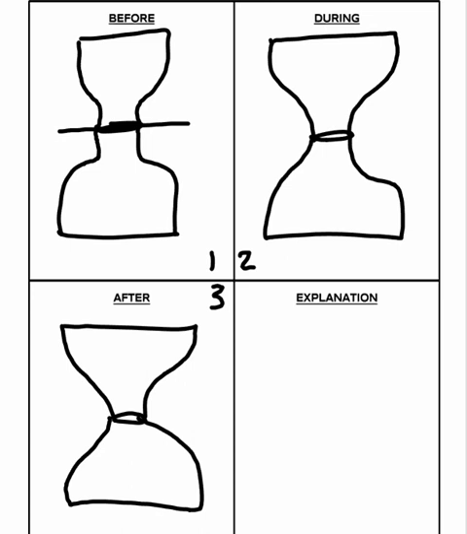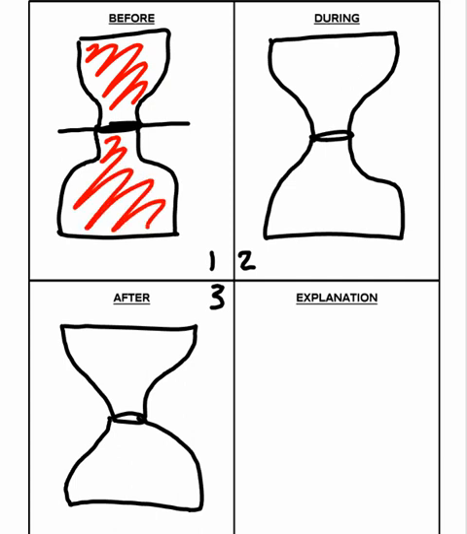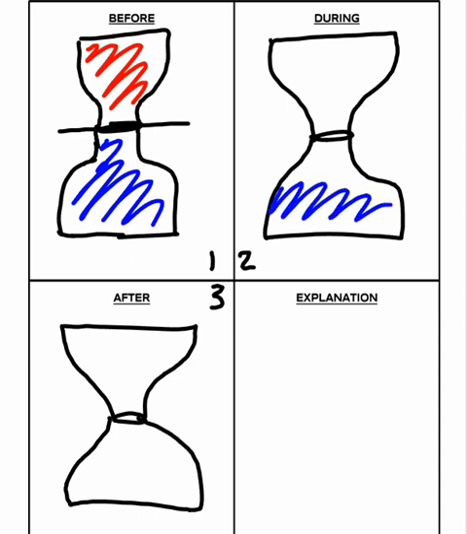So before, we started with red on top, we had blue on bottom. Let me fix my line. There we go. And then when I pulled the card out, we still ended up having blue on bottom, red on top, but there was a movement of molecules.